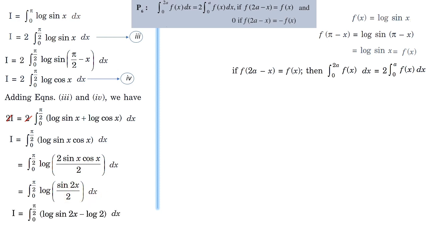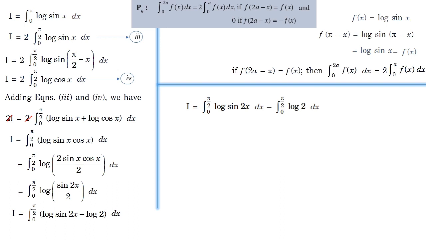Then I is equal to integral 0 to pi by 2. Apply the logarithmic rule, log a by b is log a minus log b, that is log sin 2x minus log 2 dx. Then I is equal to, we do the integration, that is 0 to pi by 2 log sin 2x dx minus 0 to pi by 2 log 2 dx.